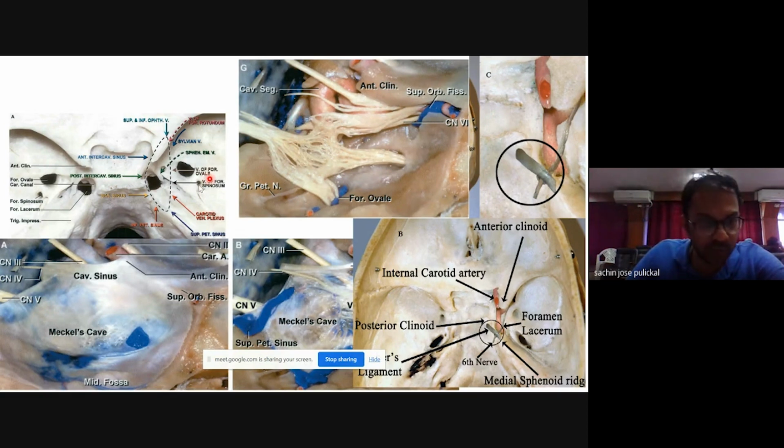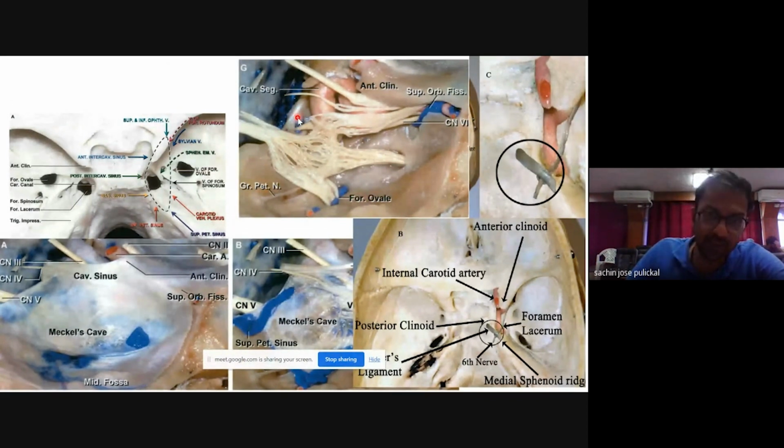Through Dorello's canal, the sixth nerve arises from the pontomedullary junction. It courses along the lateral clivus and enters into the supratentorial compartment somewhere over here. So it is bounded by a dural ligament, which goes above it along the inferior aspect of the posterior wall. That is that ligament, and together it forms a canal which is called Dorello's canal.